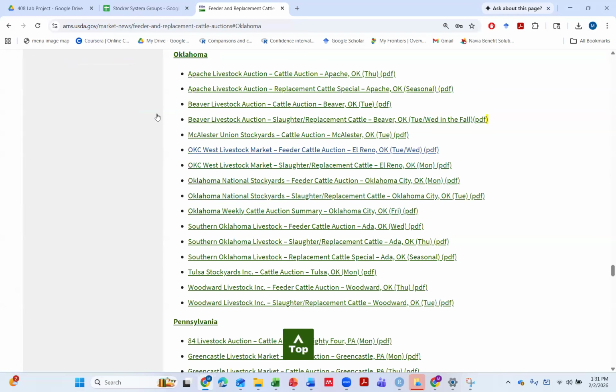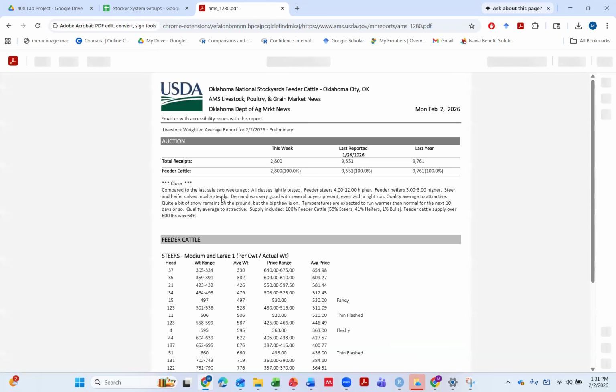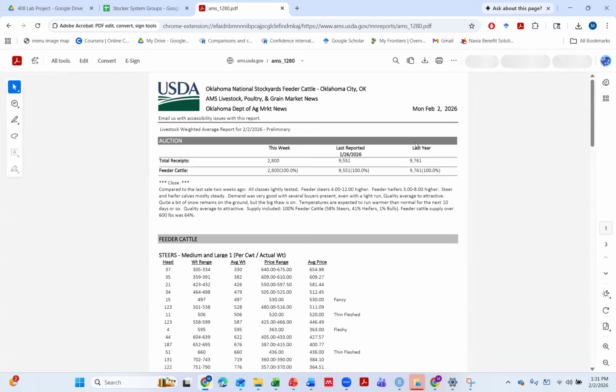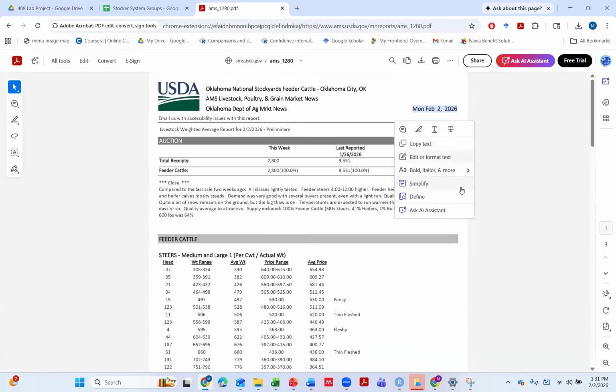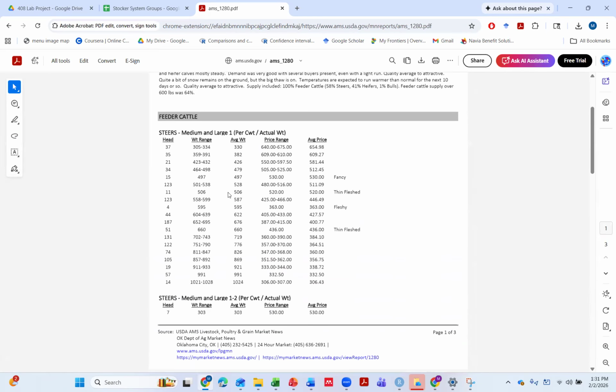Oklahoma City National Stockyards, feeder cattle auction, Monday. Okay. And so this is from today. This is from literally Monday, February 2nd. Okay. So this is going to be a little different than what we looked at before. Hopefully the trends are still kind of the same.